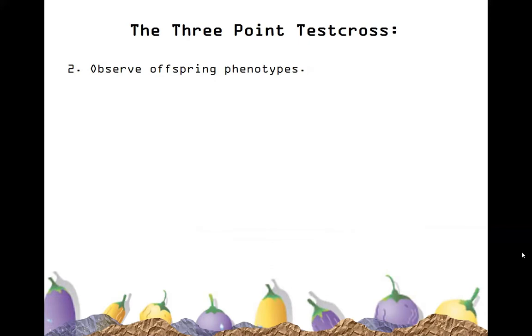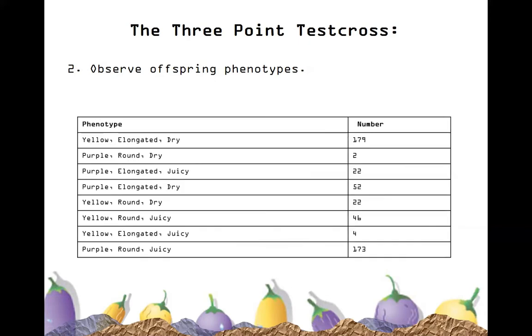Of course, we're going to organize this into a beautiful set of data right here. So we've got some numbers. We look at the phenotypes. We have yellow elongated dry, purple round dry, purple elongated juicy, all kinds of combinations that come out of this. And we've recorded the actual number of offspring that have these physical traits.